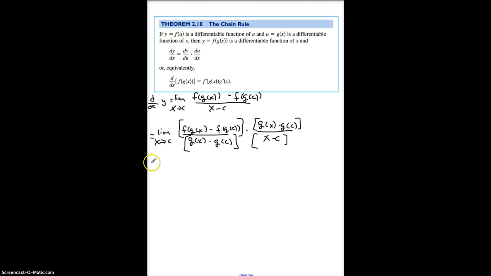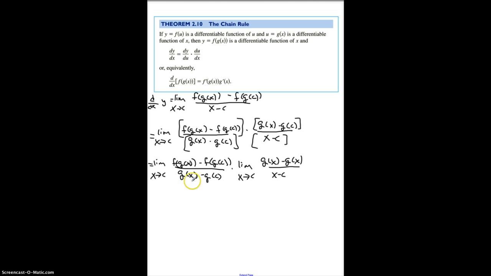Now, this is equal to the limit as x approaches c of f of g of x minus f of g of c divided by g of x minus g of c, times the limit as x goes to c of g of x minus g of c divided by x minus c.